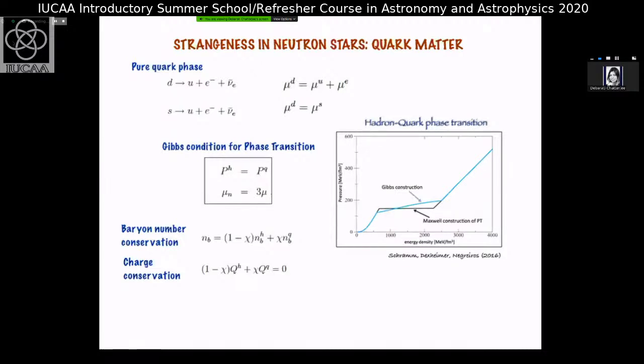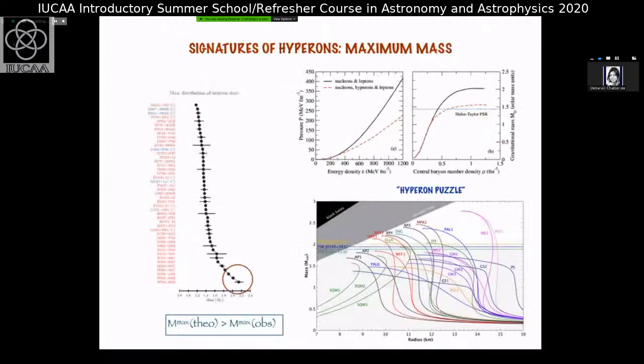So when you have two conserved charges, you apply this mixed phase condition, or the Gibbs phase condition. In this way, you can have strangeness production in the interior of neutron stars, and this can actually appear as stable components.